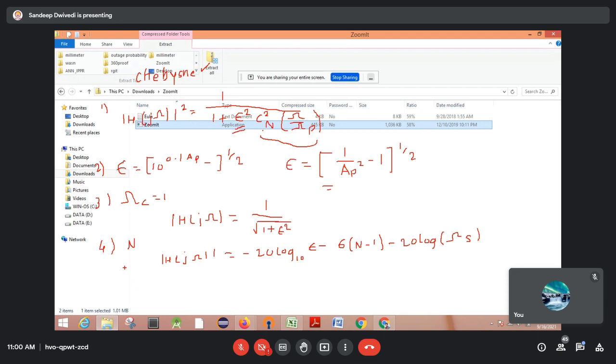And if values are not given in dB, you can find N using cosh inverse. You can take this function in your calculation, no issue.